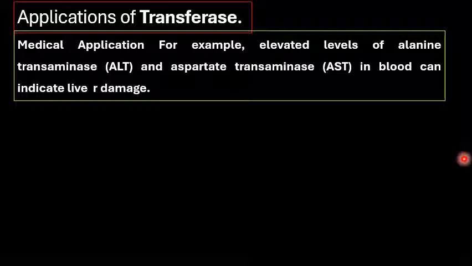So if the transferase enzyme shows significantly increased activity in the bloodstream, that means there's a high level of this transferase in the bloodstream, it might indicate tissue damage, just like we talked about in the previous application. It can indicate tissue damage or inflammation near the organ where the enzyme is primarily located.